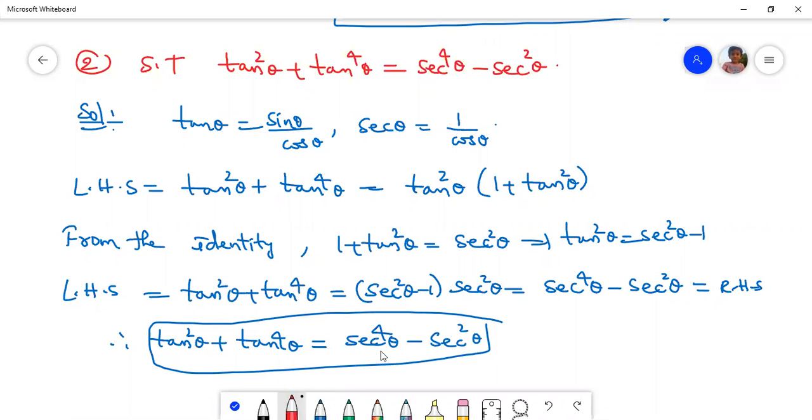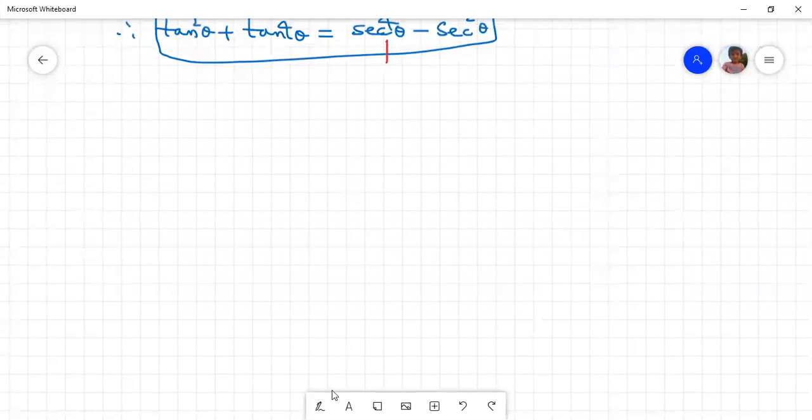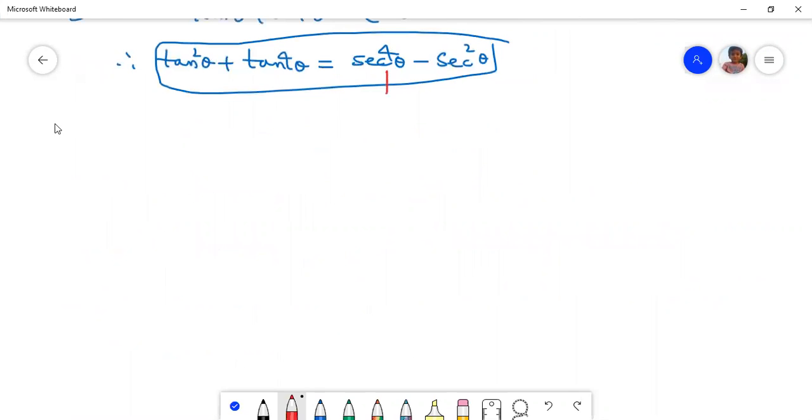Next, third one. It is very, very important. All are important. The 11.4 exercise and examples are very, very important.